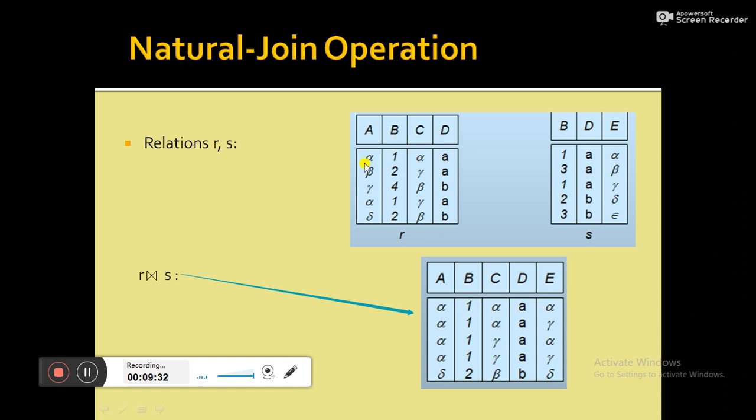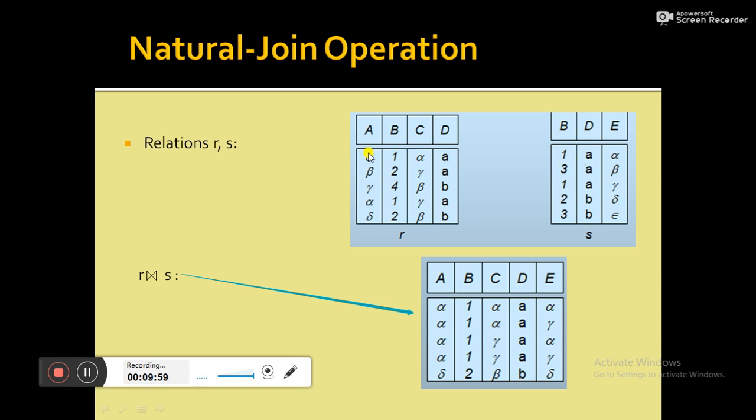For example, consider the first tuple, the first record from R, alpha 1 alpha A. The common attributes of R and S are B, D. And what are the values of B and D for the first record? 1A. Now if we check relation S, here also the values of B and D are 1A.